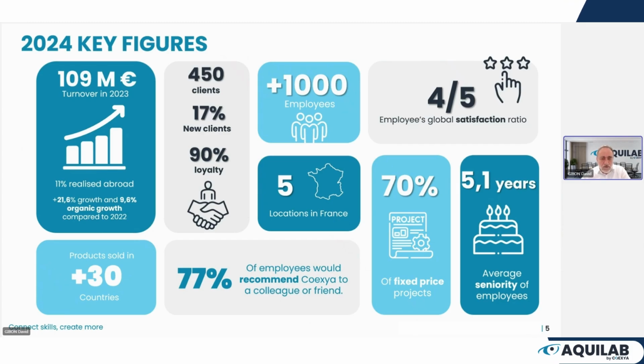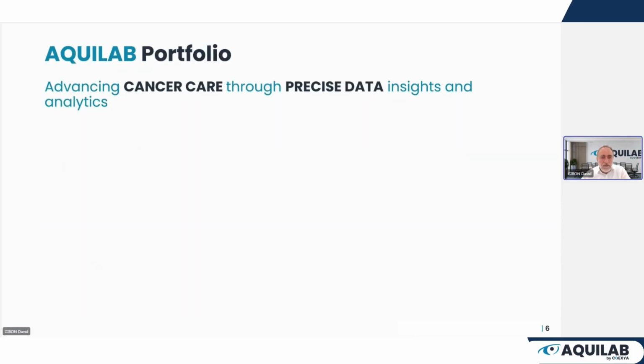It was important for us to join this company, which is specialist in IT and AI and data management. Why we chose this company is because Aquilab portfolio is focused on data, and more precisely on advanced cancer care through precise data.